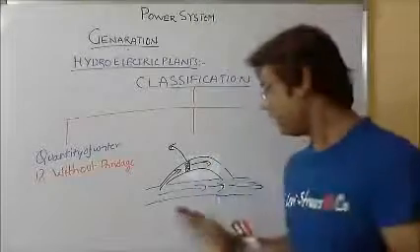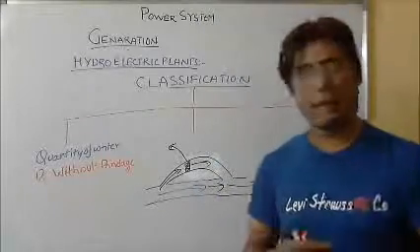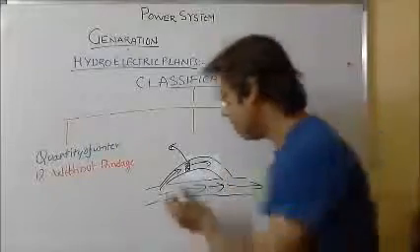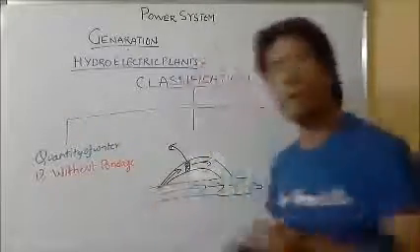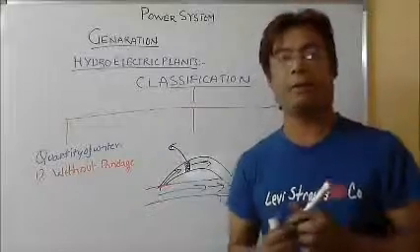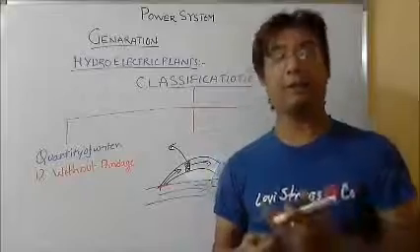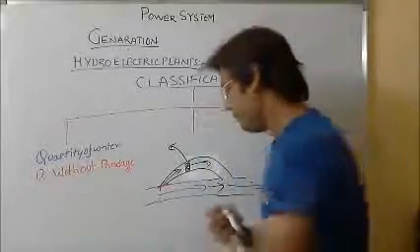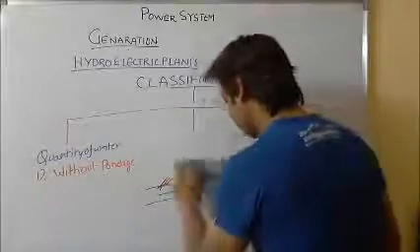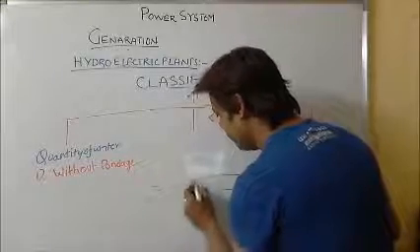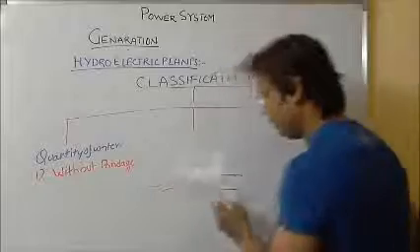So one can normally see that whenever water is coming here, or in the previous figure we have seen that the generation plant was in between your stream. So it was like this. Your generation plant is here, water is coming from here.